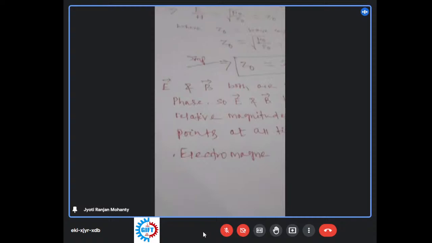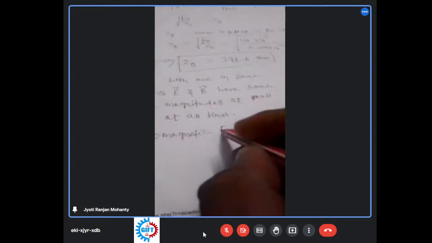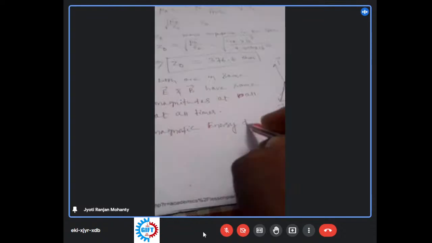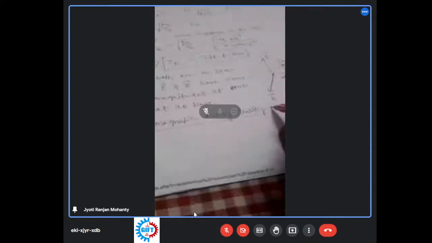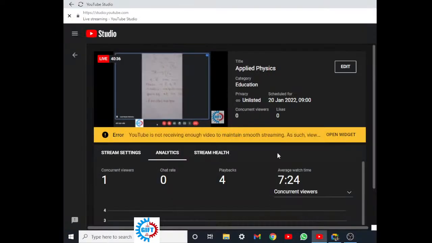Electromagnetic energy density. So we discussed what is an electromagnetic wave, the pictorial representation, and which is greater out of E and B. We derived the equations, and we proved mathematically that both are transverse and orthogonal.